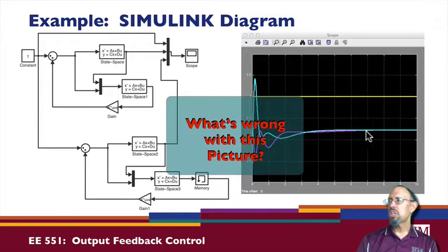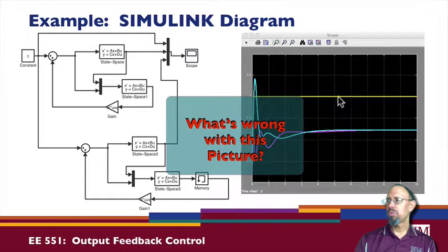The reason they're not tracking that input is because we haven't actually designed that to be the case. We've just designed the observer and the state feedback gain to be stable. We haven't designed the system to be able to track anything.